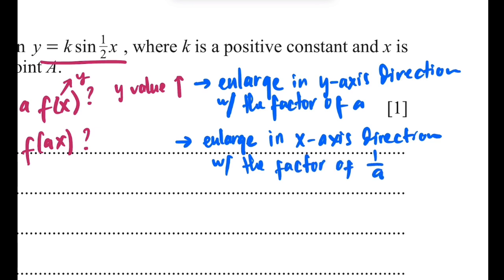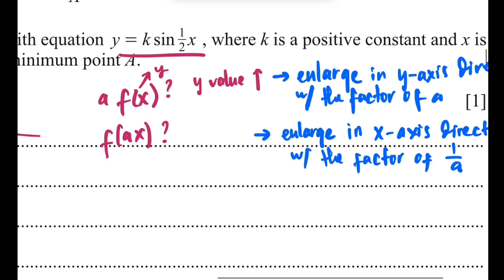1 over a. Remember, because if we put a here and f itself will give that one y value, to make the y value consistent, what you need to change here is the x. So x will be reduced if a is something greater than 1. Okay, so something like that.